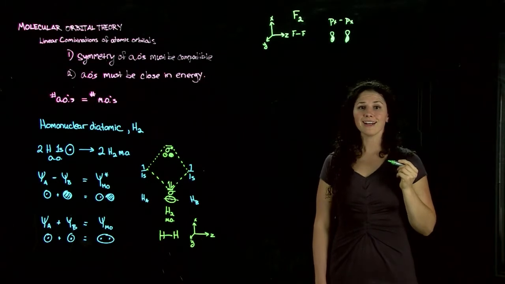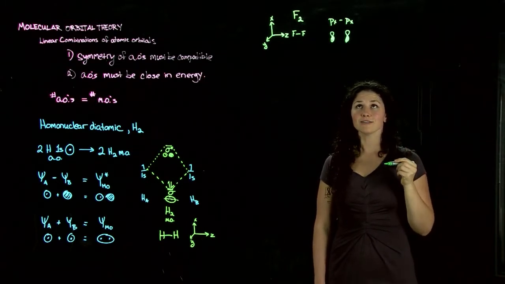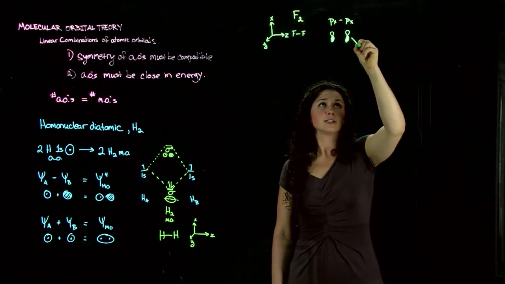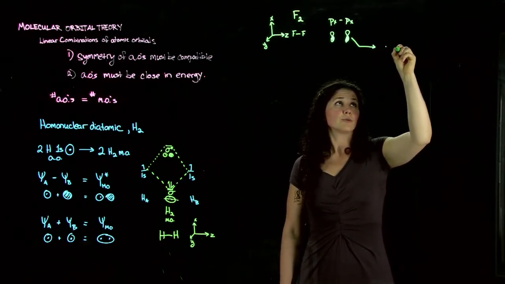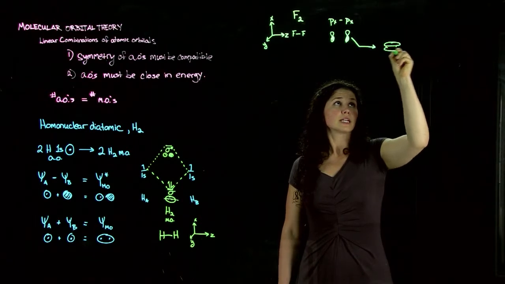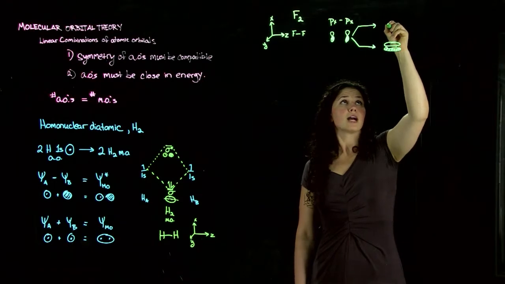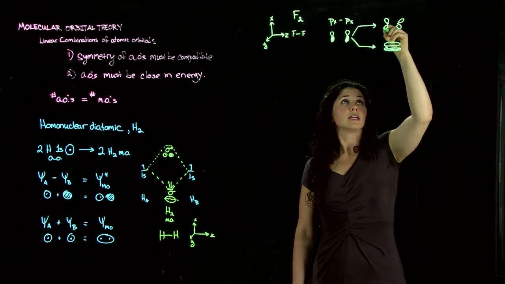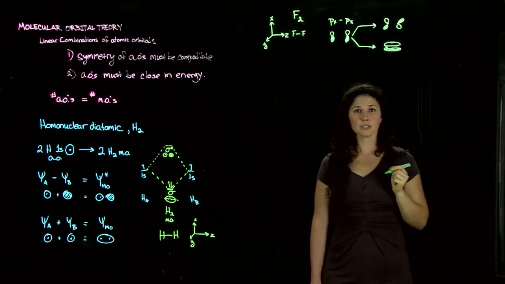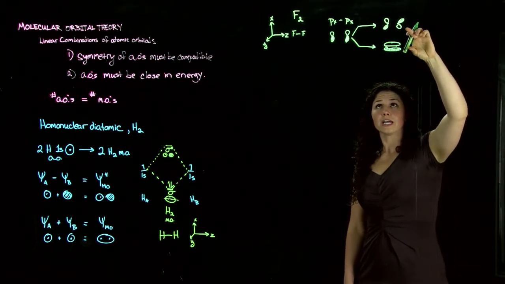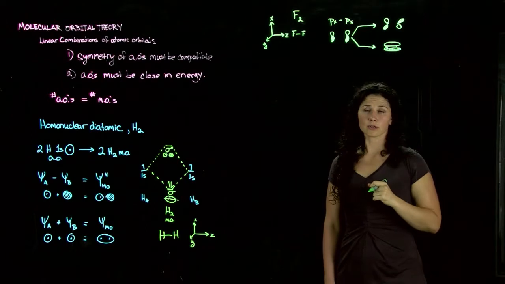And these can combine in an additive or subtractive way. In other words, they can constructively or destructively interfere. If they constructively interfere, or if you add these wave functions, you will get the bonding molecular orbital that would look like this. And if they destructively interfere, if you subtract their wave functions, you would get the antibonding molecular orbital that looks something like this. So that is basically what the molecular orbitals would look like from combining two px orbitals on fluorine.